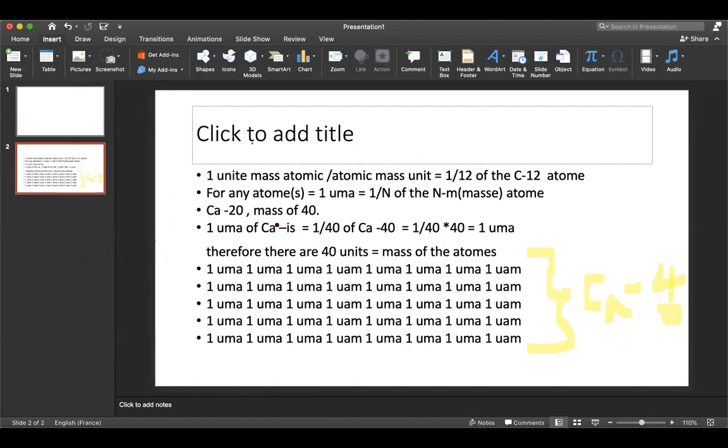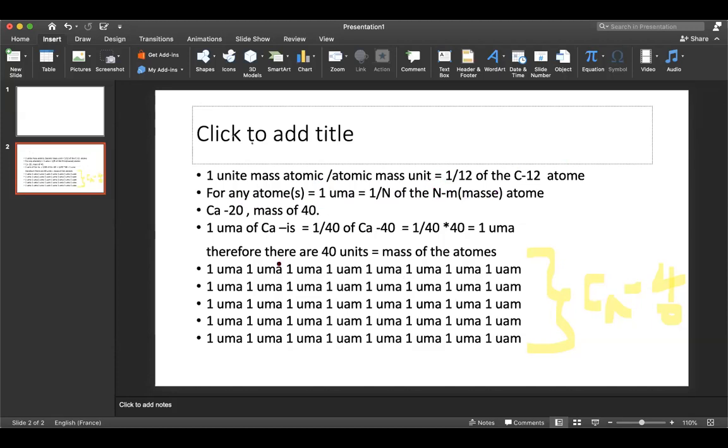So what I'm trying to say is 1 atomic mass unit is equal to 1/12 of the carbon atom. For any atom that you have, if you want to calculate the number of units that 1 is equal to, you will say 1 over the atom's mass.